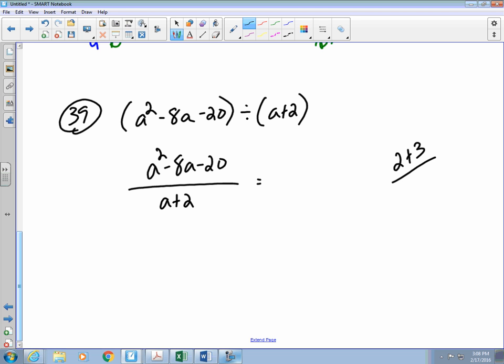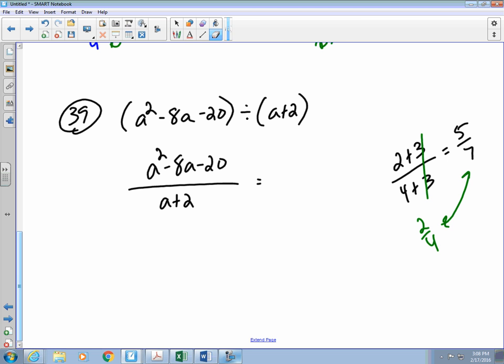If I have something like 2 plus 3 over 4 plus 3, so here's why you need a product. We know that this is equivalent to 5 over 7. But if I incorrectly use the fact that I can cross out these 3's and say it's 2/4, well, obviously 2/4 and 5/7 do not match up. Those, 1/2 and 5/7, are not the same.